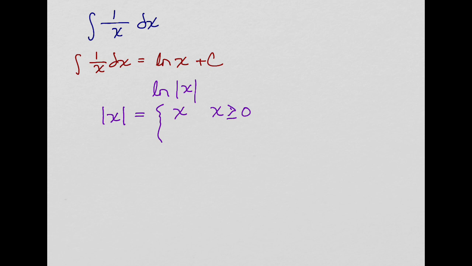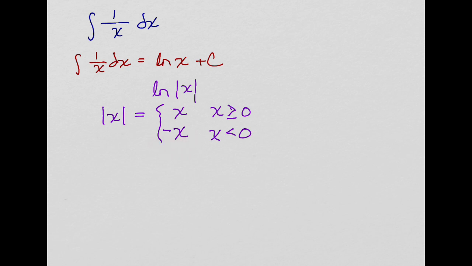The absolute value doesn't change anything. If x is negative, then the absolute value of a negative number is its opposite. If x was negative to begin with, if I take its opposite, then it's positive.